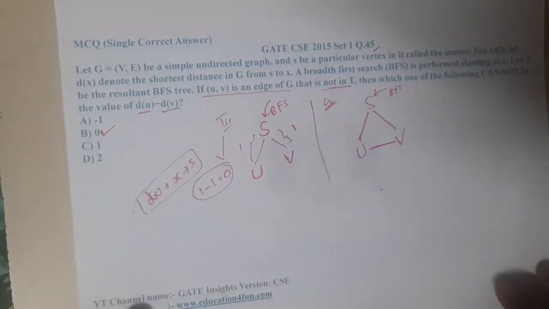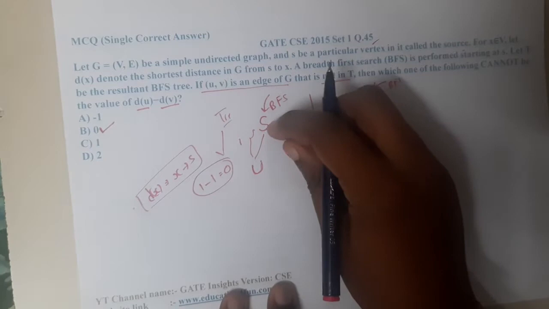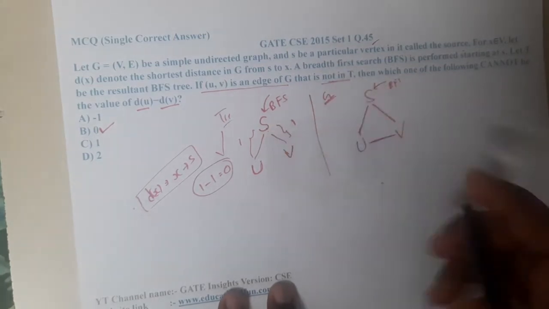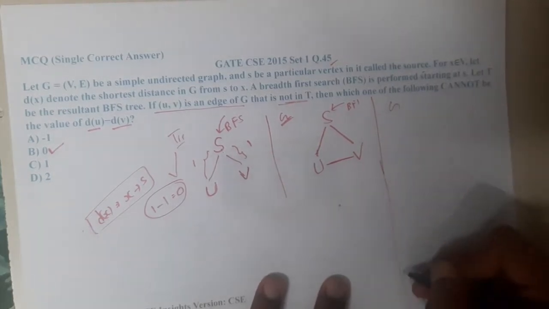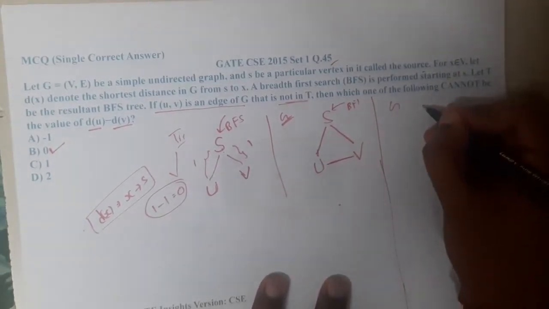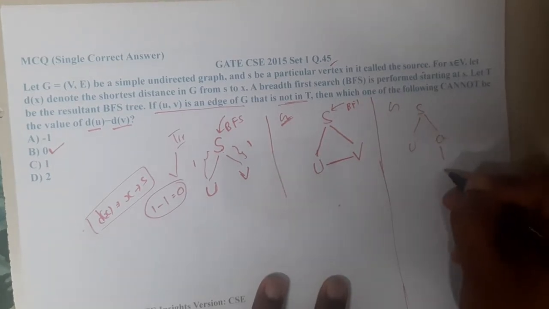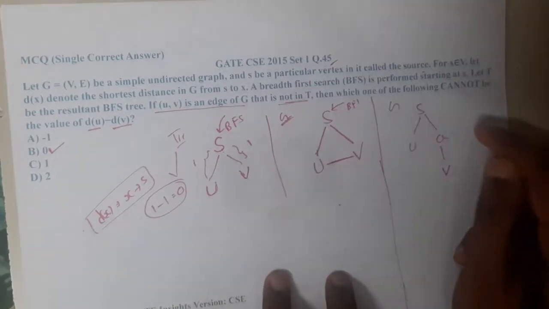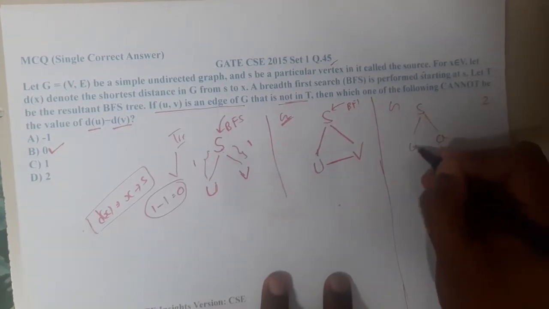Similarly, we need to check for minus 1, 1 and 2. Let us check for minus 1 first. To check for minus 1, let us move this V one more step down. Let us assume our graph has S, then U and A, and then V. The distance between S and V is 2 and the distance between S and U is 1.